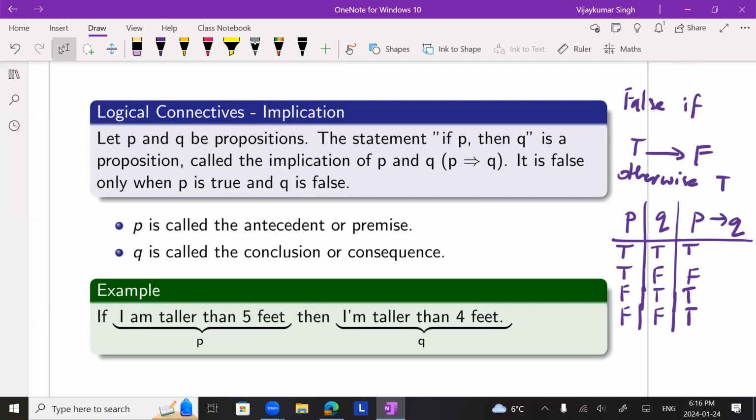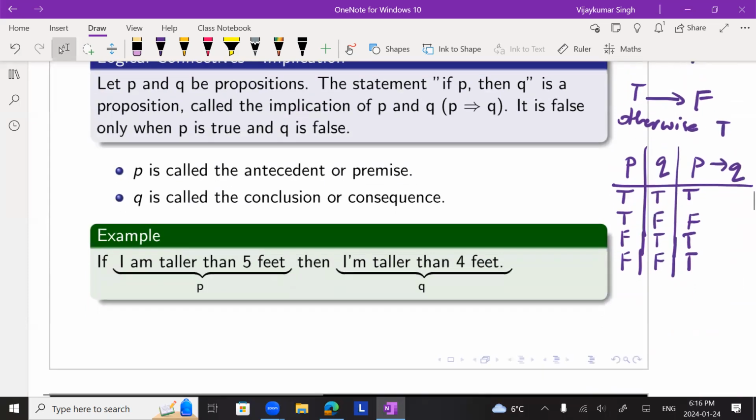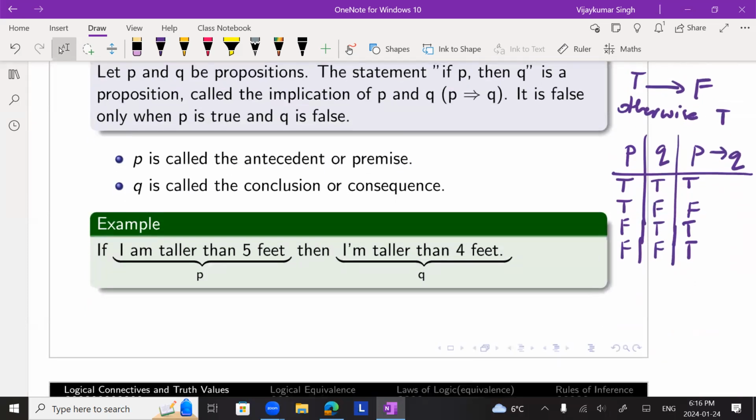So far good. Let's look at this example. If I am taller than 5 feet, then I'm taller than 4 feet. So what is the truth value of this statement? Let's work it out. If I'm taller than 5 feet, this statement could be either true or false. If this is true, then I'm taller than 4 feet.